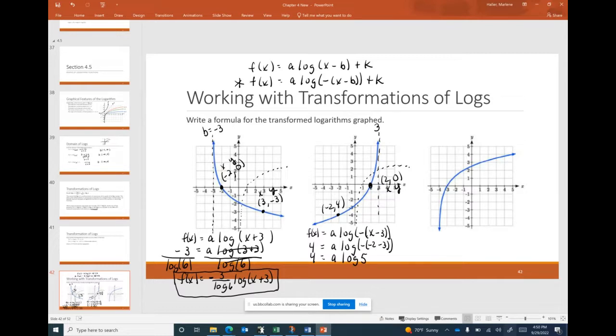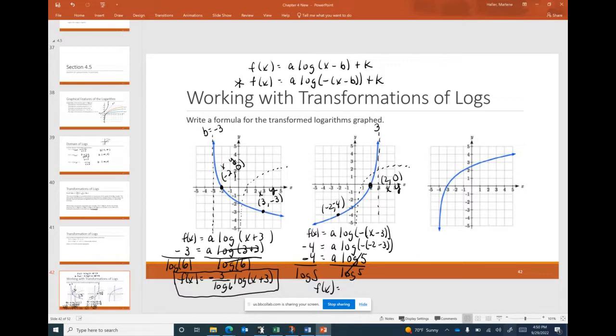Okay. Oops, I brought a negative sign on the 4 as well. Sorry about that. That's negative 2, negative 4. All right, solving for a, we just divide both sides by log 5. And we can write our equation now. F of x equals negative 4 over log 5.